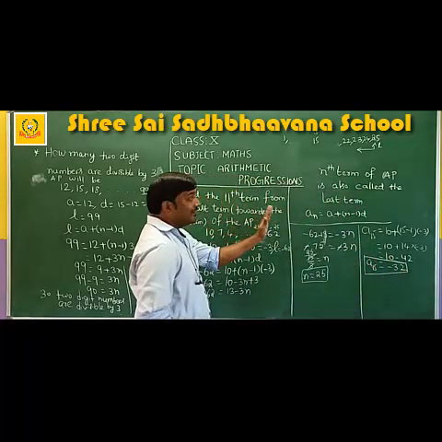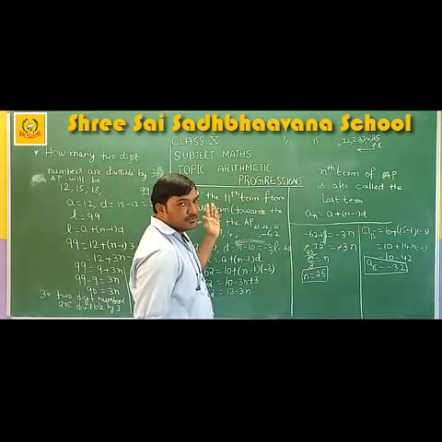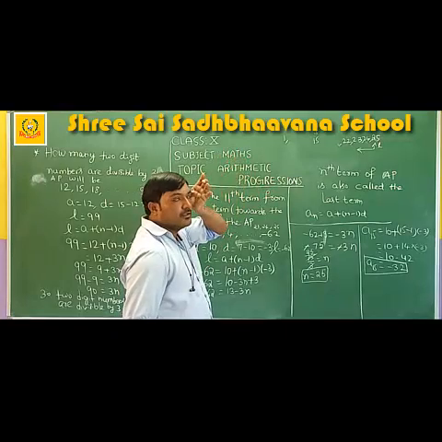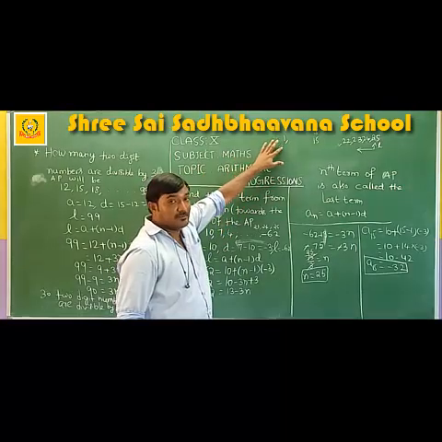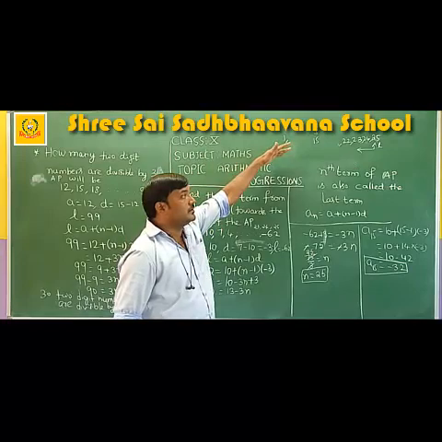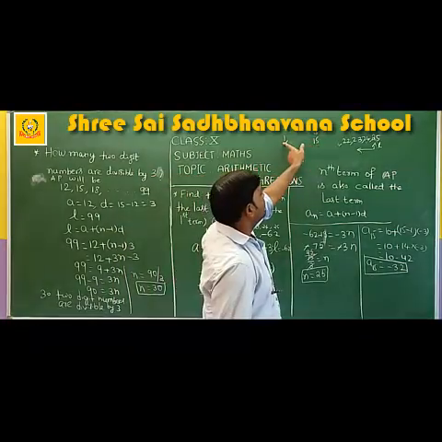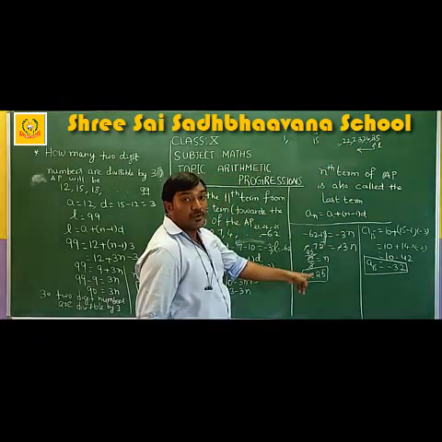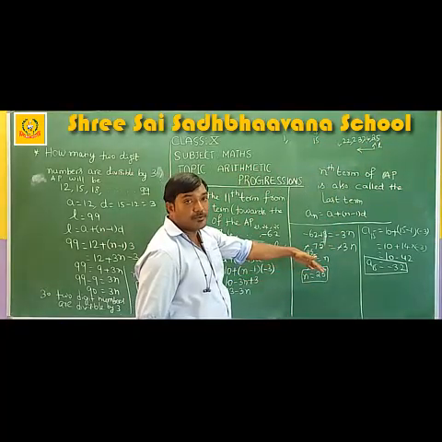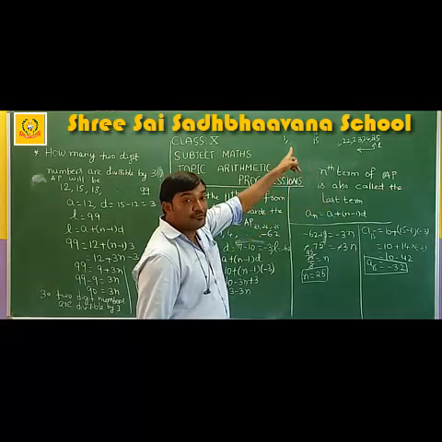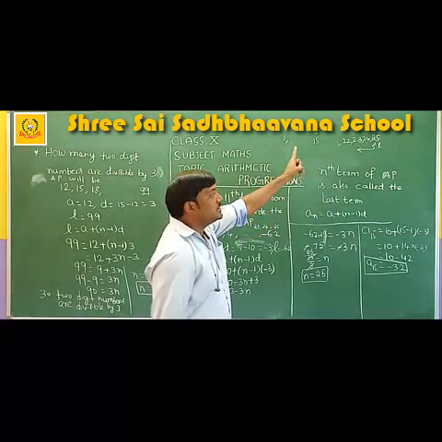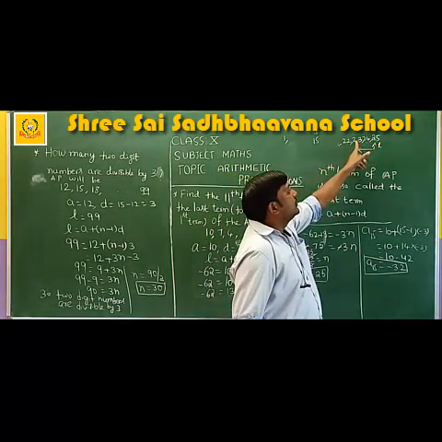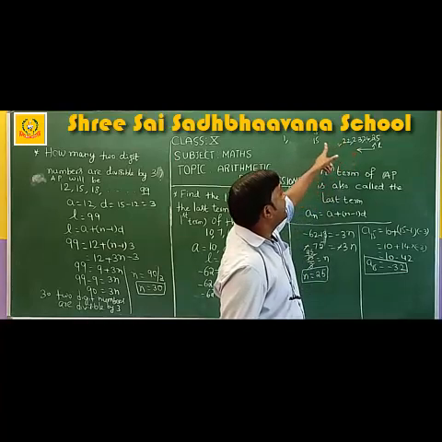I'll explain this again because you need more explanation here. From the first term to the last term, we got 25 terms in this sequence, so the last term is the 25th. From the last term, count: the 25th is the first term from this side, then second term, third term, fourth term, fifth term, like that.